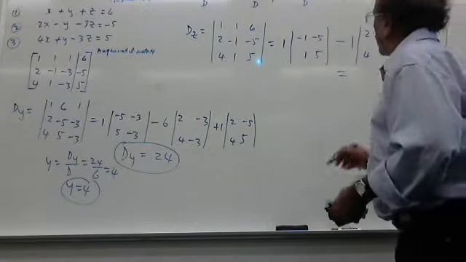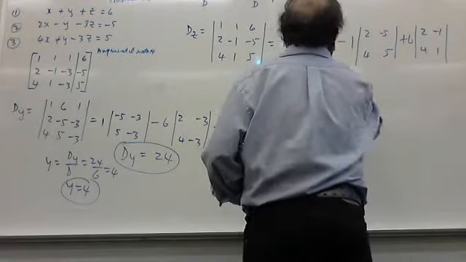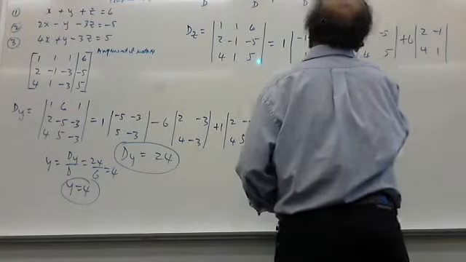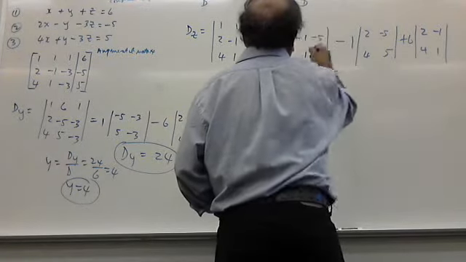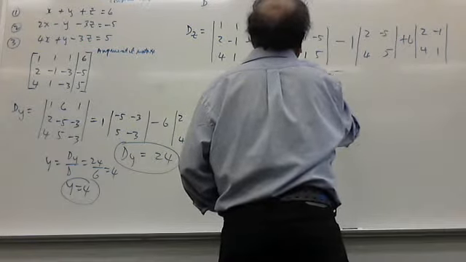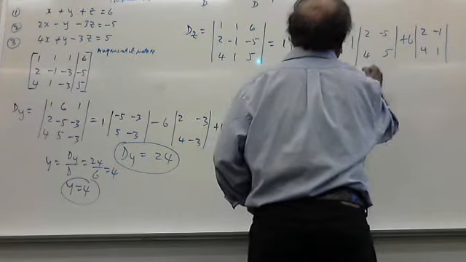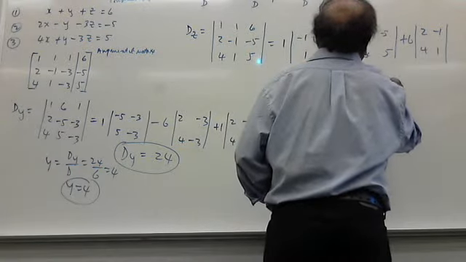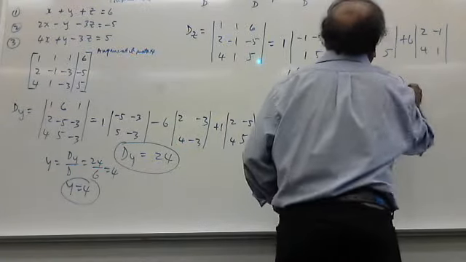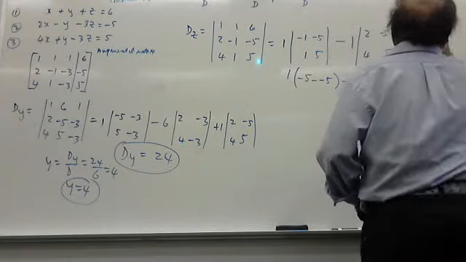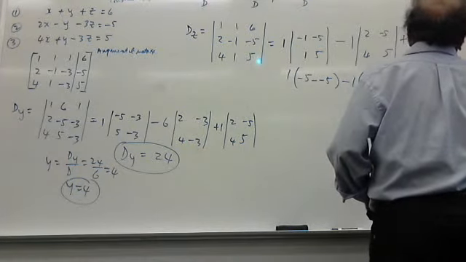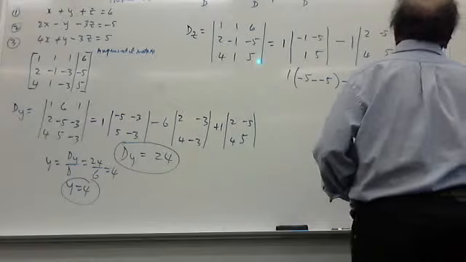Now, if we do this here, we will get 1 times minus 5 minus a negative 5, minus 1 times 2 times 10 minus a negative 20, plus 6 times 2 ones 2 minus a negative 4, and this will give us 6.